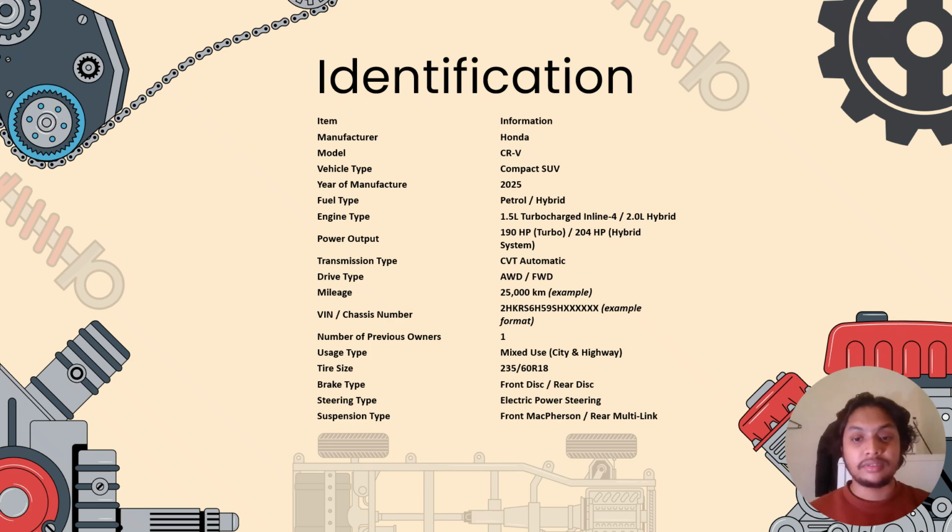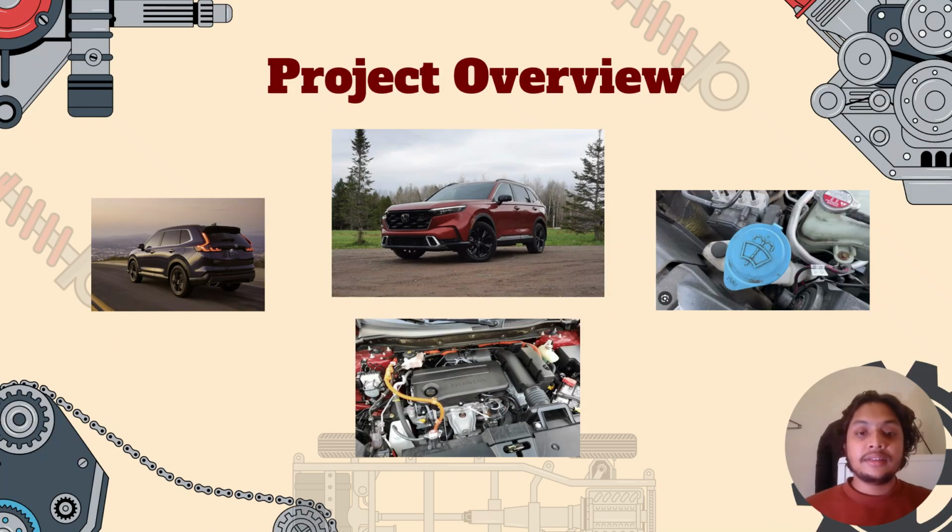Tire size, brake type, front disc and rear disc, steering type, electric power steering, suspension type, front MacPherson, rear multi-link, etc. This project overview has four different pictures: front side, back side, and the engine part, and a most important one, the washer fluid picture. It's very important to wash our windshield and back shield, and this washer fluid is also used for cleaning the light.